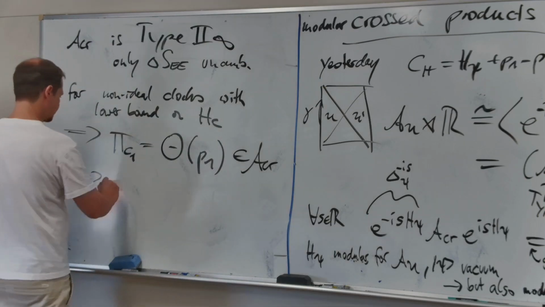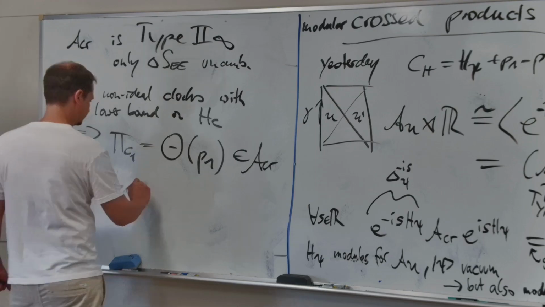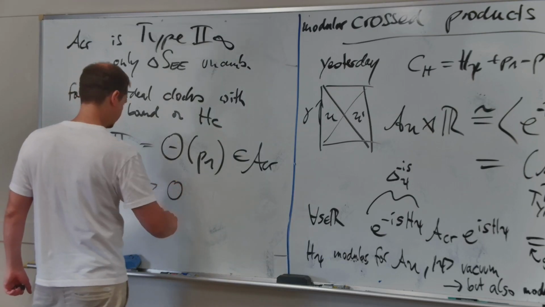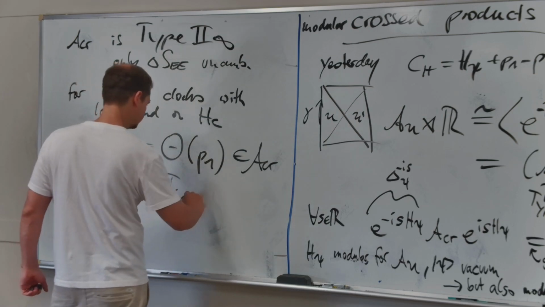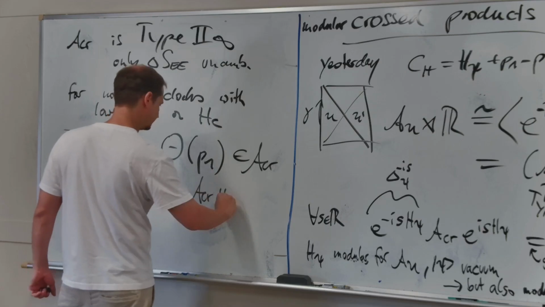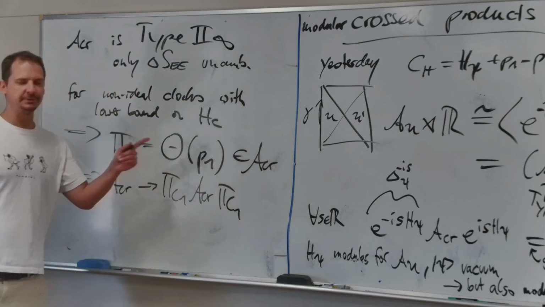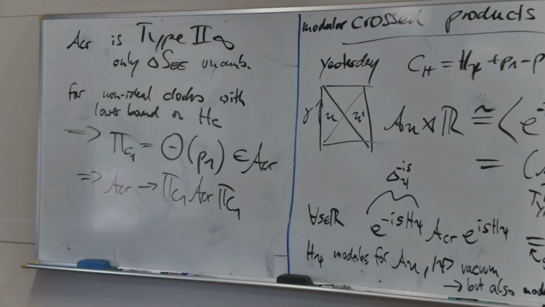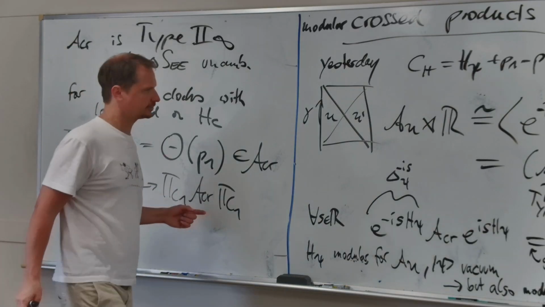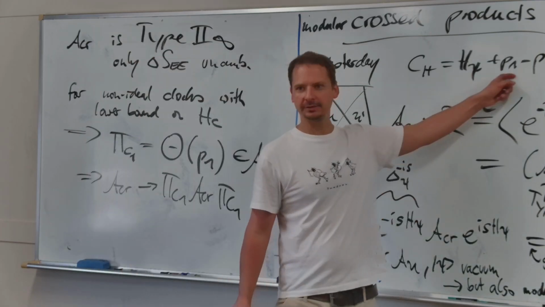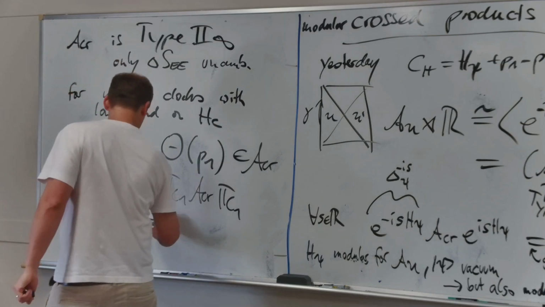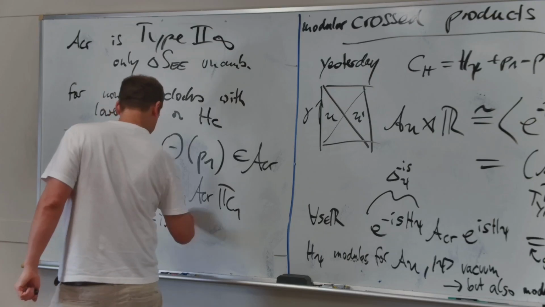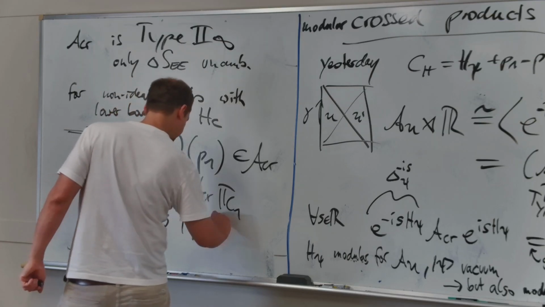So then you can actually go from A crossed to pi C1 A crossed pi C1. So that would be the subalgebra. It's a subalgebra of the cross product algebra that would correspond to a lower bound on P1. And this one is type 2-1.